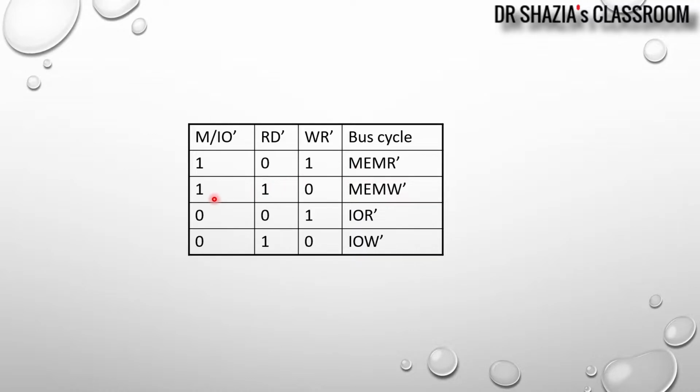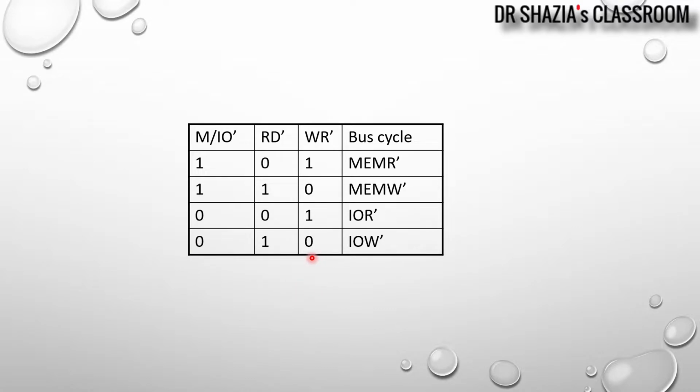Similarly, if we are writing onto the memory, we will have M slash IO as high and write signal as low. We will have a memory write bus cycle. Similarly, we can have IO read and IO write bus cycle.